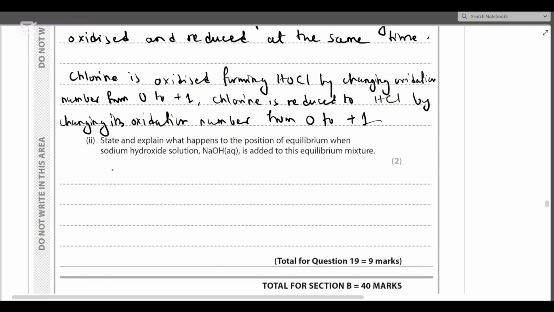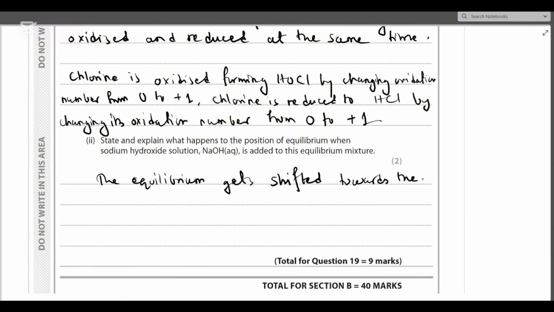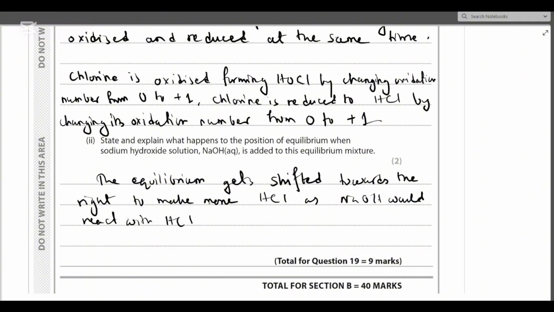So we can write down that the equilibrium gets shifted towards the right to make more HCl as any NaOH would react with HCl when added.